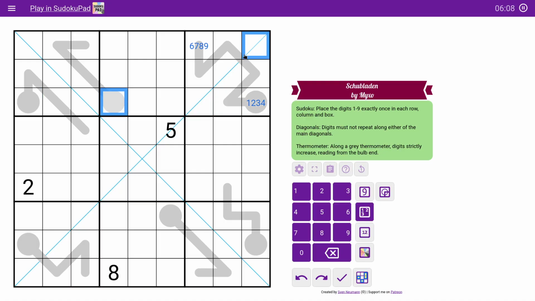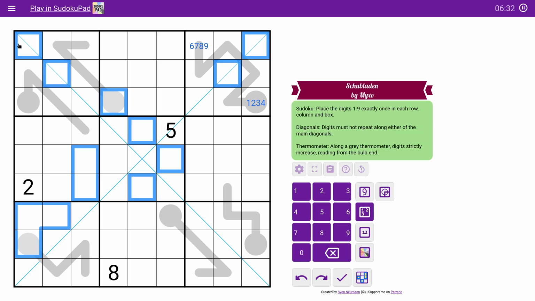If this is low, if this is 1, say, then it's here and it's here. And it's here. 1 must be here.